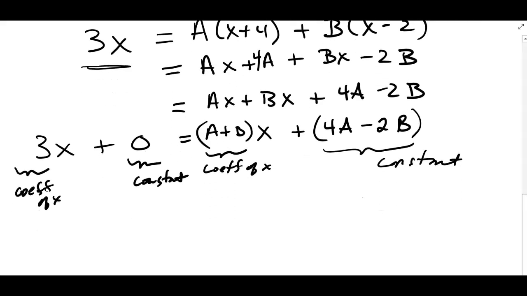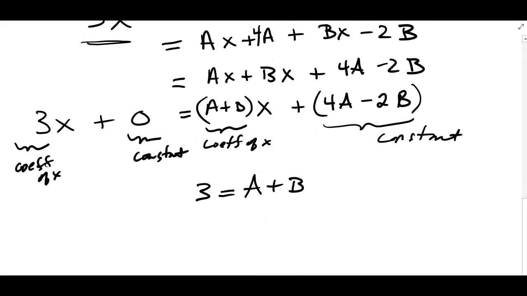So what do we do with all this information? We can set up a system of equations. Very simple system of equations. So my coefficient of 3, well, a plus b have to come together to equal 3. And now we know that 4a minus 2b has to come together to equal 0.